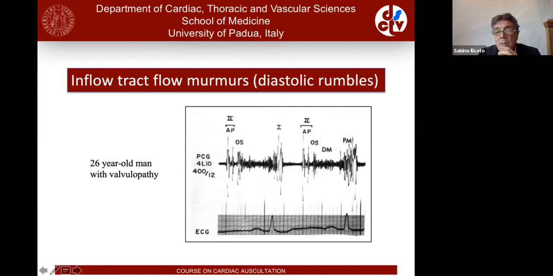But the first sound, if the valve is strongly calcified, can disappear, but also the opening snap, if the valve is extremely calcified, can disappear, because both the first sound and the opening snap are due to the movement of the valve. If the valve loses its movement because it's calcified, then you lose also these sounds. We shall see this thing practically.